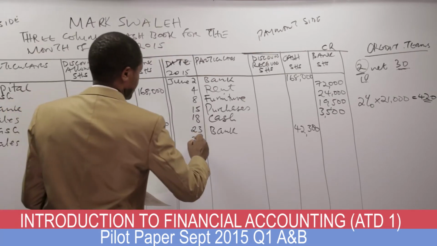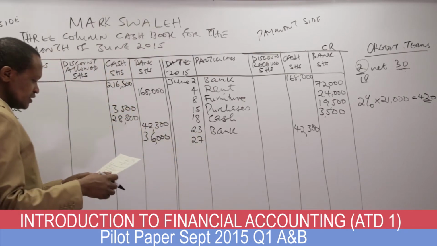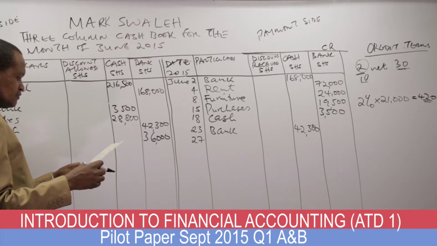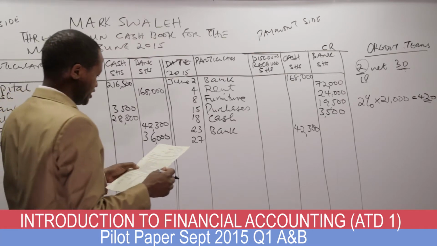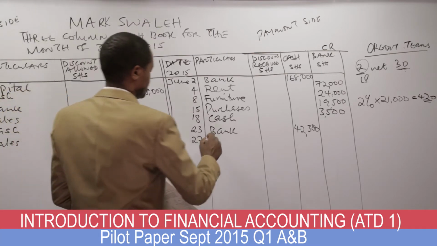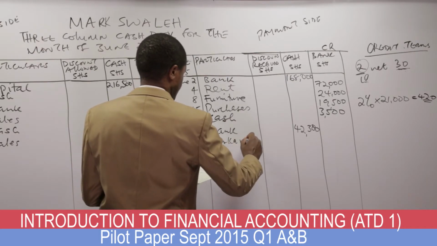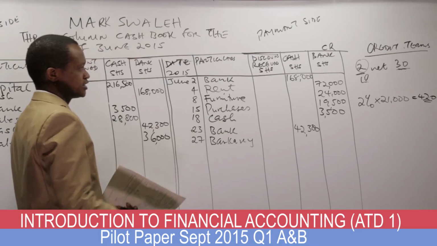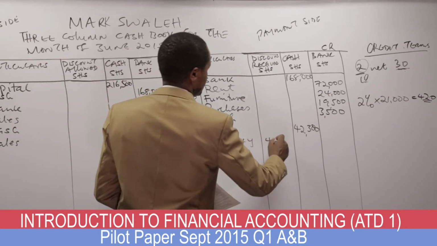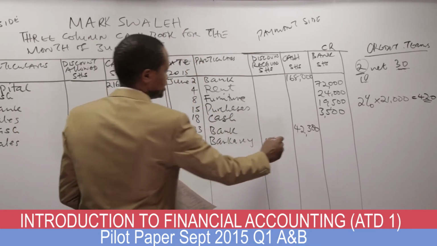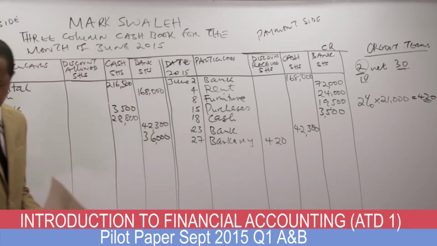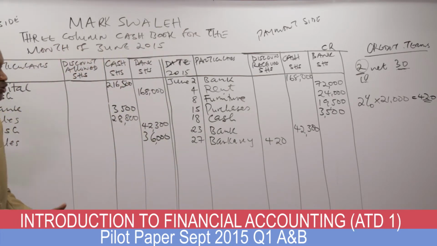On 27th, Swale has paid Bakare. So you write Bakare. The discount we have calculated is 420. Discount received. He has received a discount of 420. The difference will be the money that was paid.